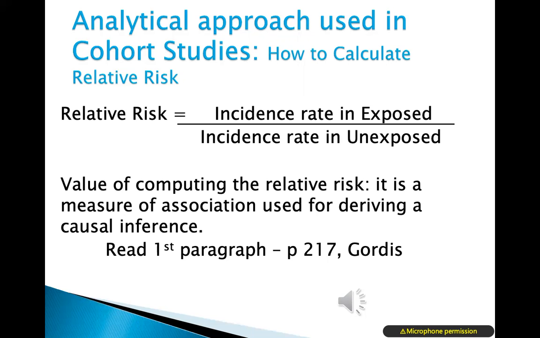So in the notes section, for instance, what I looked at is colorectal cancer, and the exposed were those who had taken hormone replacement therapy, and the unexposed were women who had not ever been on hormone replacement therapy. And when one was divided by the other, the answer was 1.4.